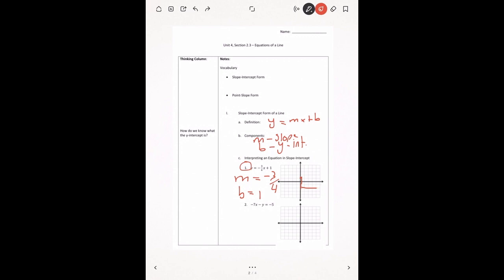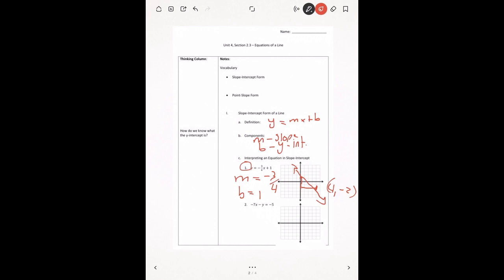That point, 4, -2, is our next point. If we're doing this on paper with a nice straight edge, we could connect these points and say, there's the graph of our linear equation. That's a pretty standard way of going about graphing something.